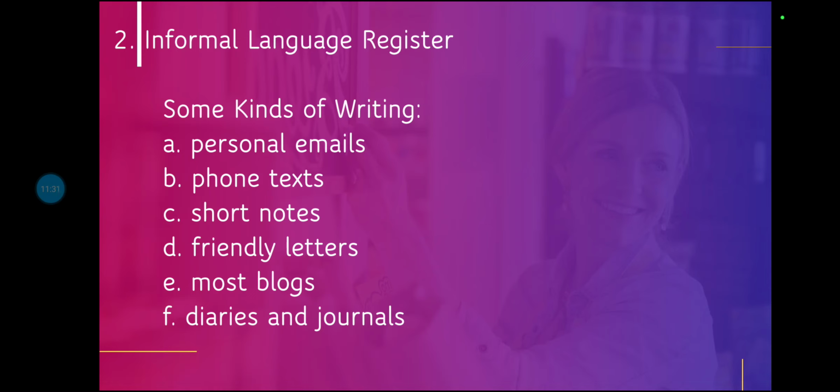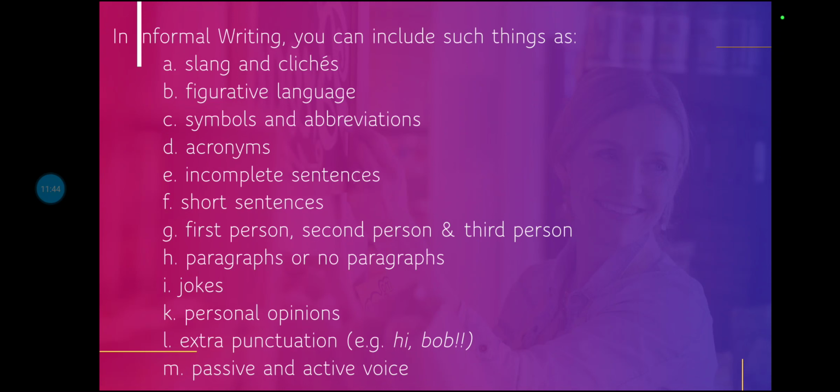Okay, so let's have examples of the kinds of writing in which we use informal language register. We could have personal emails, phone texts, short notes, friendly letters, blogs, diaries, and journals. And then we could include such things as slang and cliches, figurative language, because yes, it's deep, and we could somewhat just not directly say what is factual, so it could be implied.